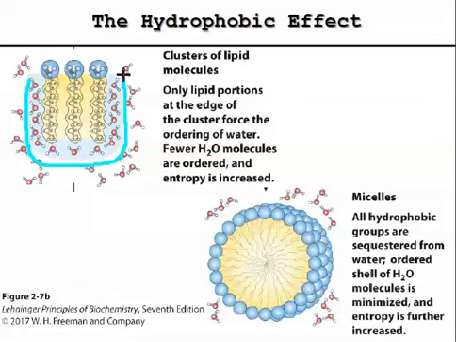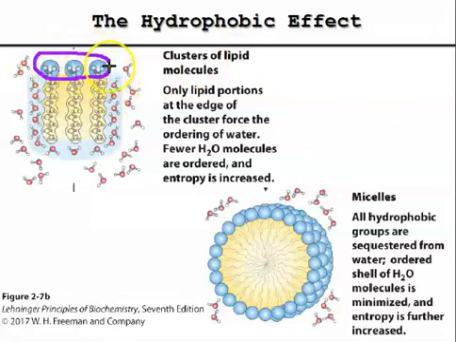Once we reach a certain concentration of amphipathic molecules in solution, and just to remind you, an amphipathic molecule is a molecule that has one portion of the molecule hydrophilic, so that would be the carboxylic acid groups here, and one portion of the molecule hydrophobic. And so the hydrophobic portion of the molecule here would be the fatty tails, or the aliphatic tails.